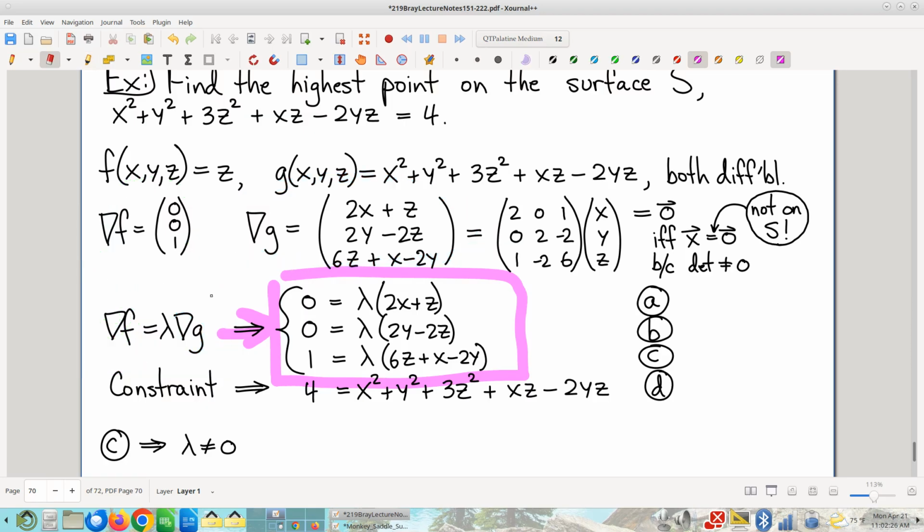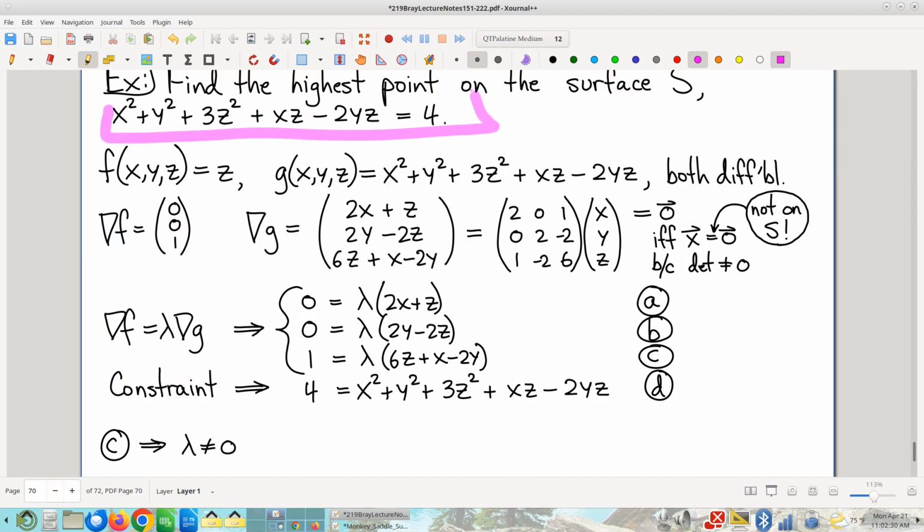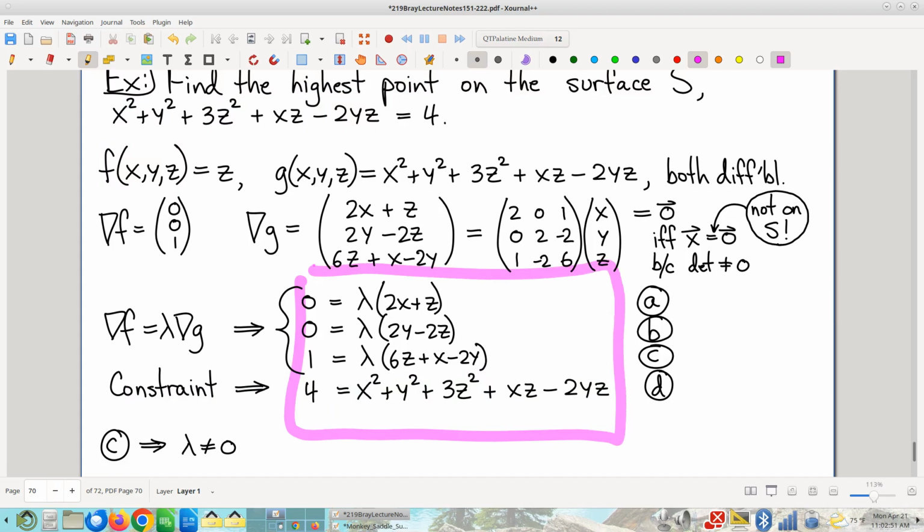And now, of course, the only reason we care about those is because we're trying to eliminate points on the constraint set. So I'm going to add in the constraint as another condition, because if you find a point that's not on the constraint set, again, who cares? Right? Irrelevant. I don't need to eliminate it. It wasn't a candidate in the first place. So altogether then, what I have is a little 4-equation system that we need to solve.